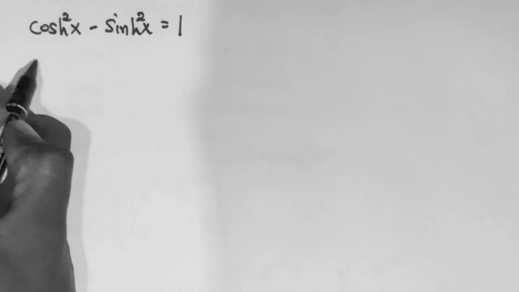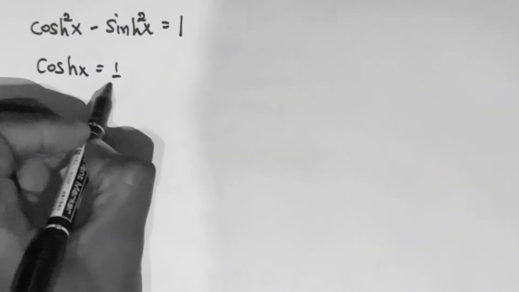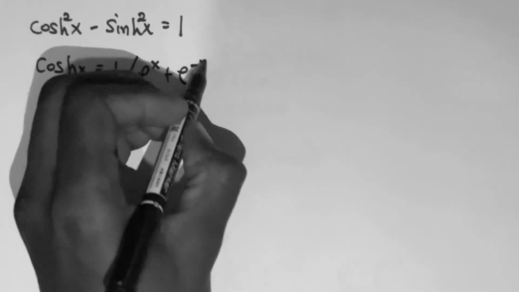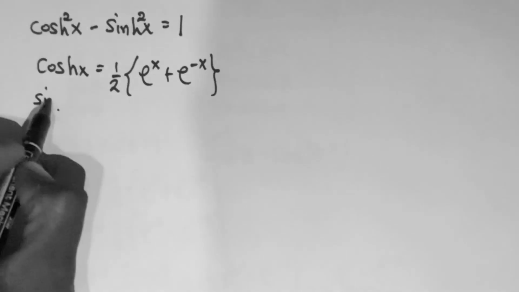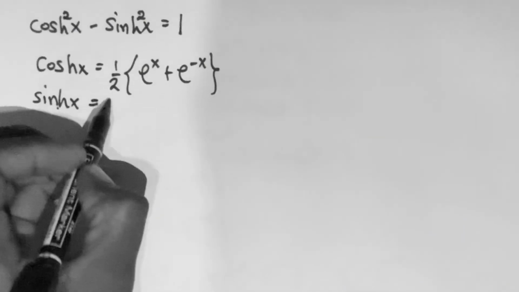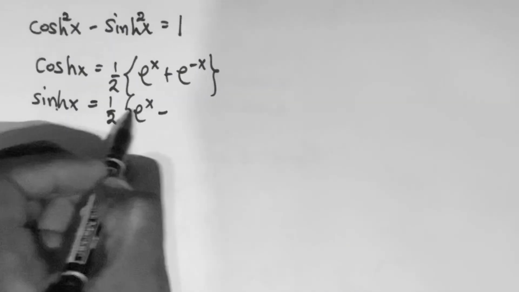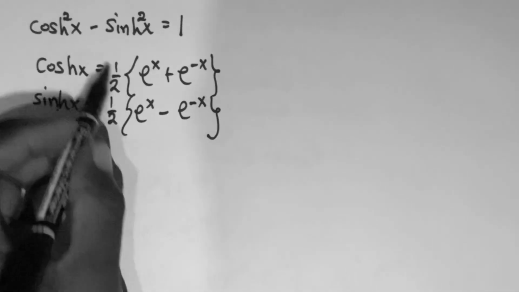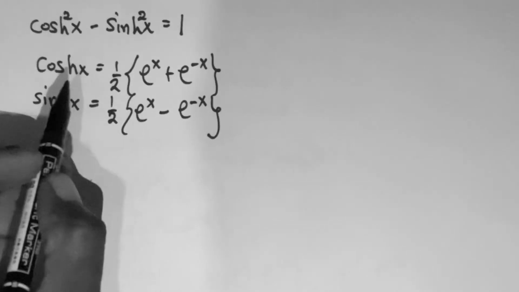And by definition, the hyperbolic cosine function is given as half times the bracket e^x plus e^(-x), and the hyperbolic sine function is given as half times e^x minus e^(-x). So now let's use this to prove this hyperbolic identity. Let's insert it into this equation.